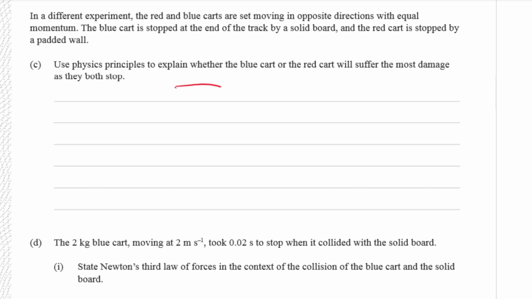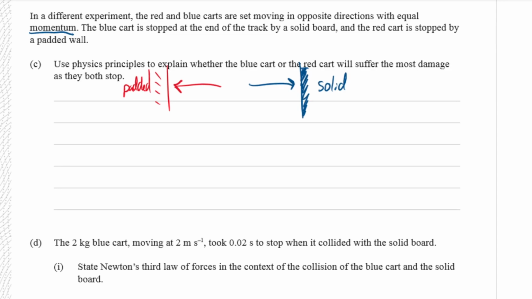So let's go, red goes into padded wall, and blue goes into solid wall. And the key thing here is that they have equal momentum. It's not saying equal velocity, it's saying equal momentum.